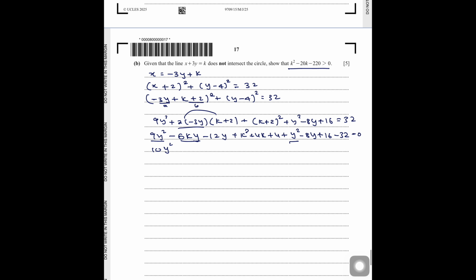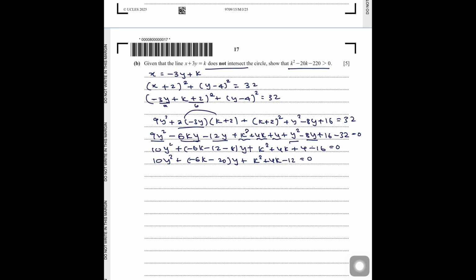Now I'm taking y's together. Negative 6k minus 12 minus 8y. And the constant terms are plus k squared plus 4k plus 4 plus 16 minus 32, equals 0. So 10y squared plus (negative 6k minus 20)y plus k squared plus 4k minus 12 equals 0.